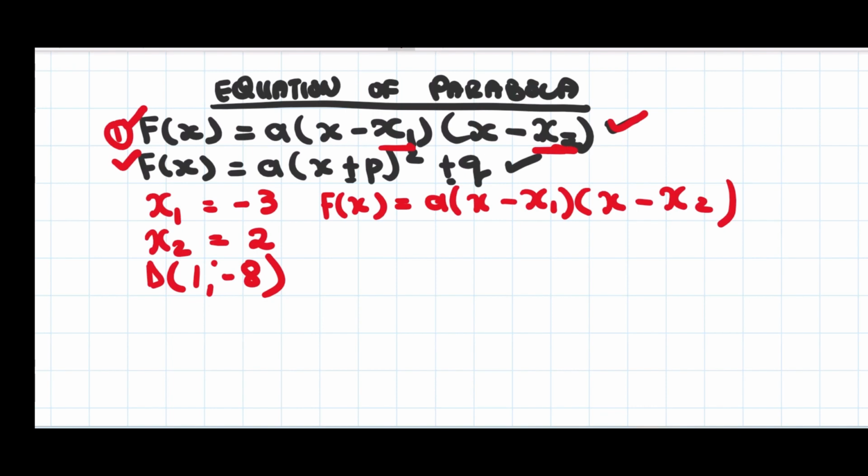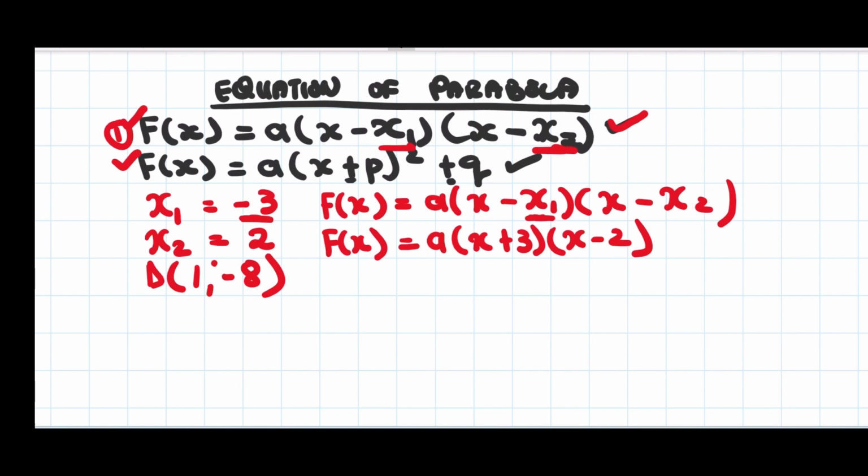In place of x1, we are already given that x1 is equal to -3. And when we put x1 as -3, minus into minus 3 will give us a plus, which means f(x) is going to be a(x + 3)(x - 2). That is where we start.